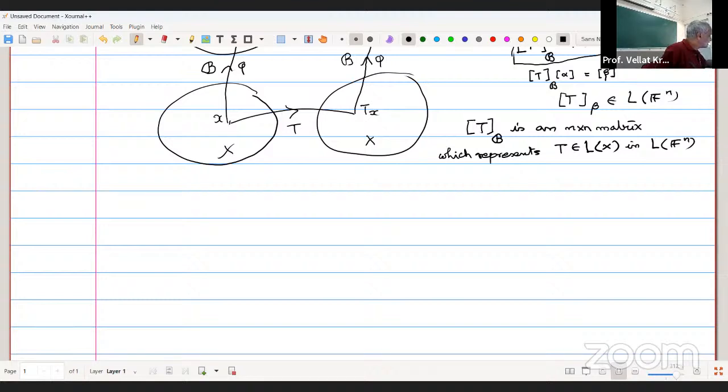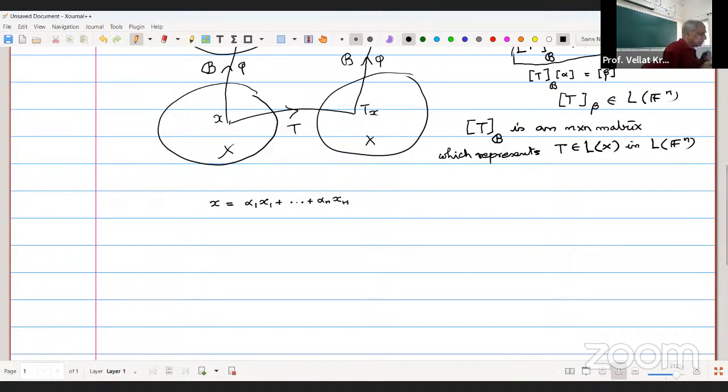Now we will just find out what exactly is this linear transformation. So you recall that x is equal to alpha 1 x1 plus alpha n xn.